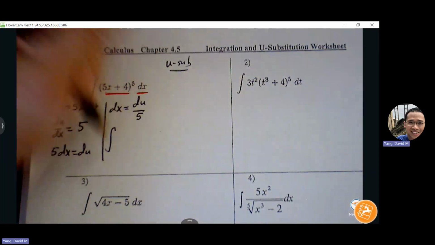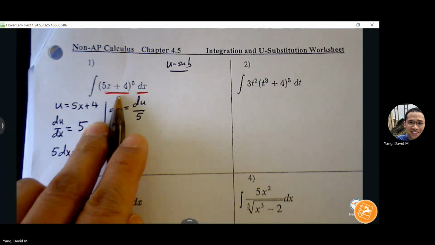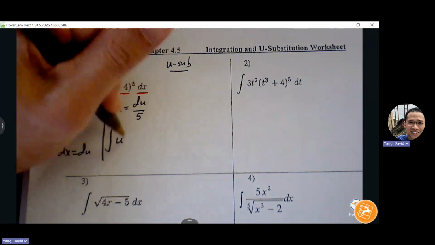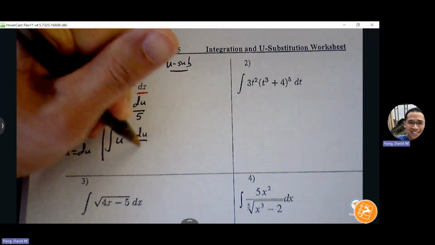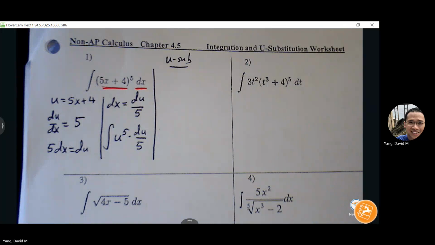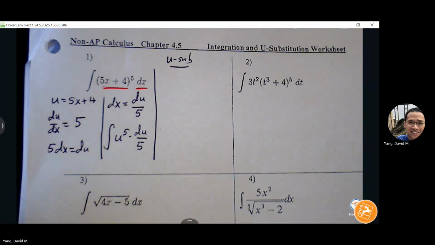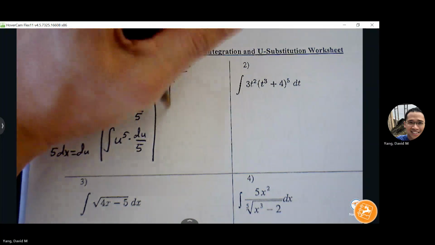Okay, we make our substitution here. This gets replaced with u to the 5th times du over 5. Where can we put that 5? Outside as 1/5.